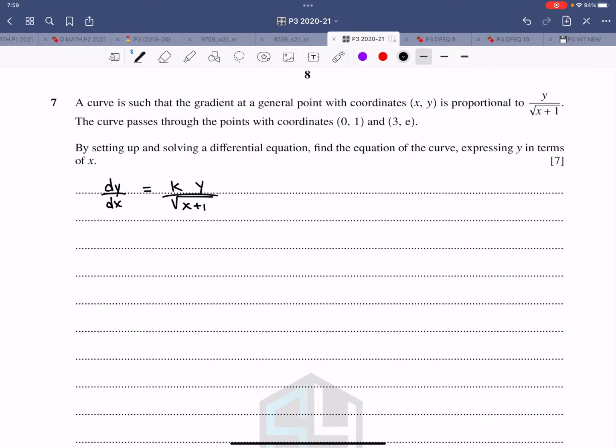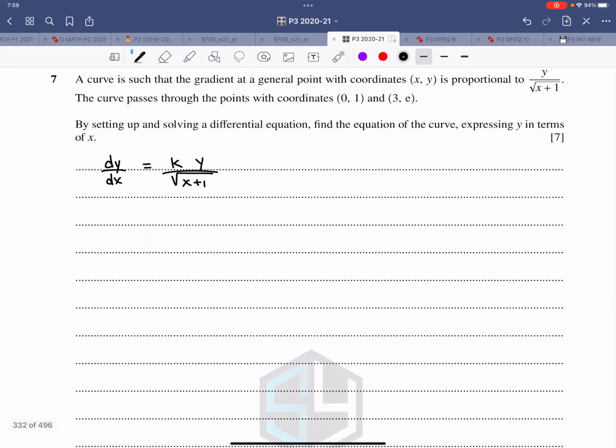Now 1 over y dy equals k times x plus 1 raised to power of minus half dx. Let's first focus on this, that the variable separable is all good. So this root x plus 1 is at the bottom. When you take it up, it has a minus sign, and I think everything is all good. Let's start integrating it.